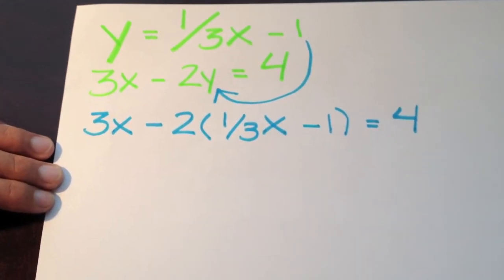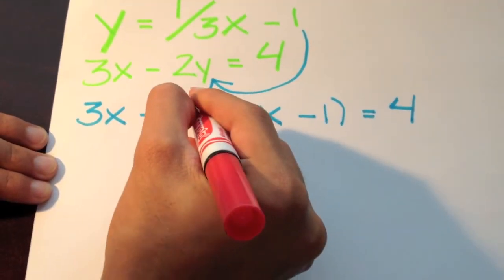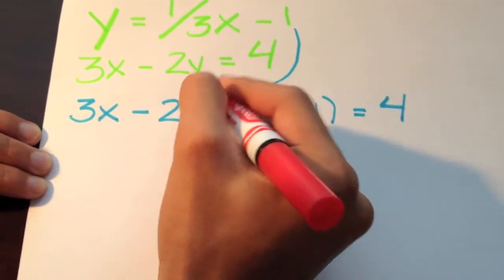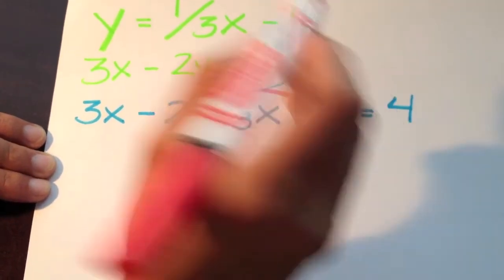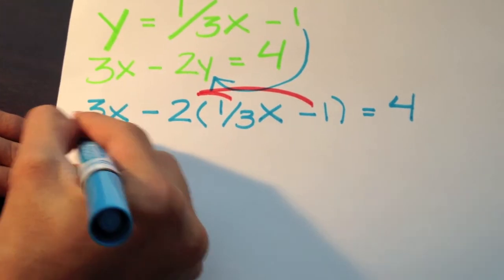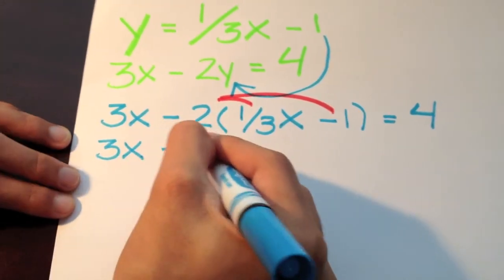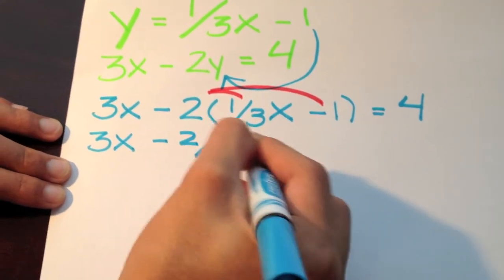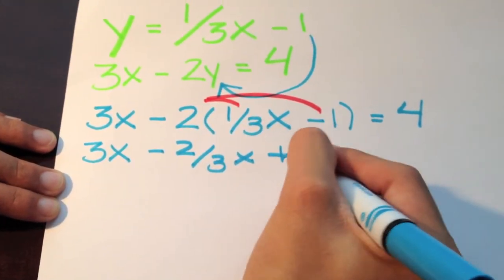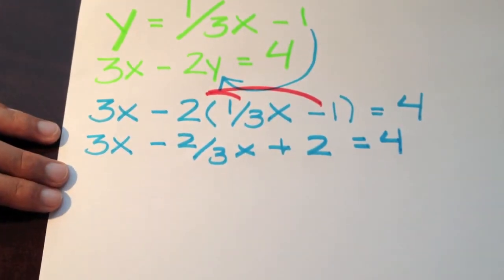So we're going to distribute the -2 to 1/3 times x and to the -1. This is going to give us 3x minus 2/3 times x plus 2 equals 4.